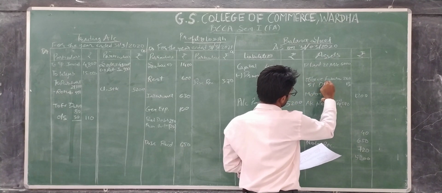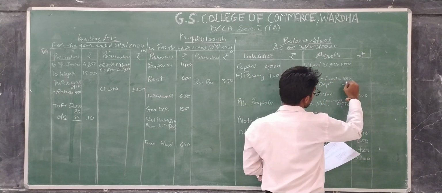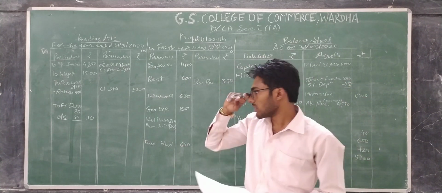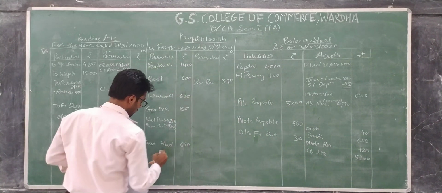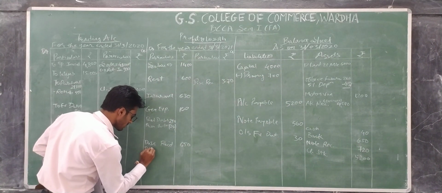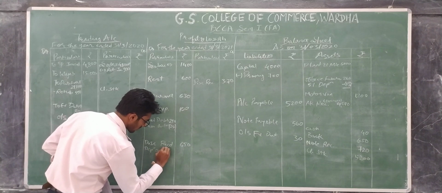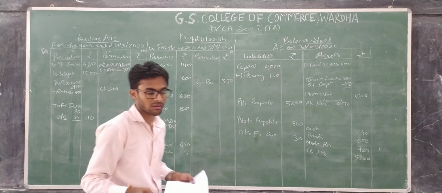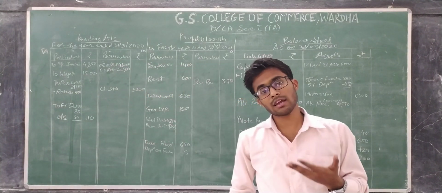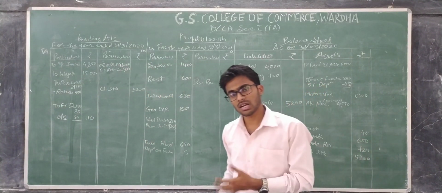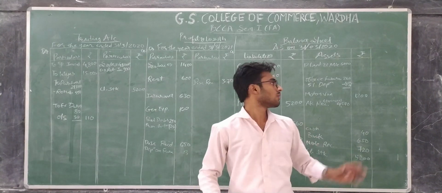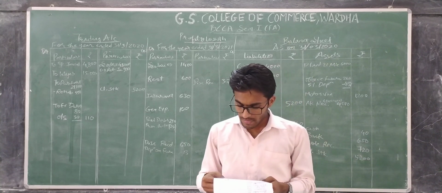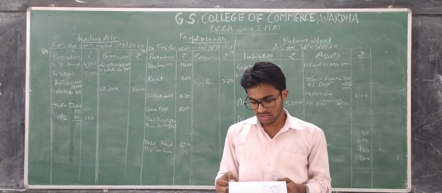We have to reduce this from here, and the second effect will be written on the debit side of the P&L account, depreciation on furniture, 30 rupees. So that is how you can give the depreciation entry: depreciation on furniture account debit to office furniture account.